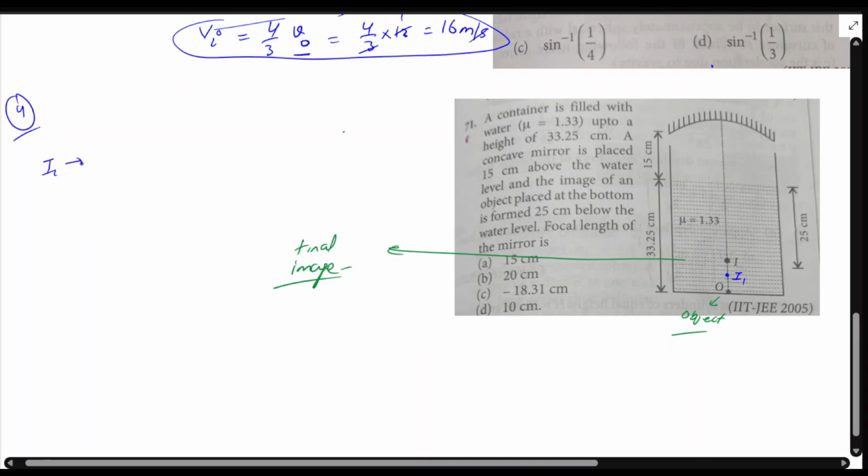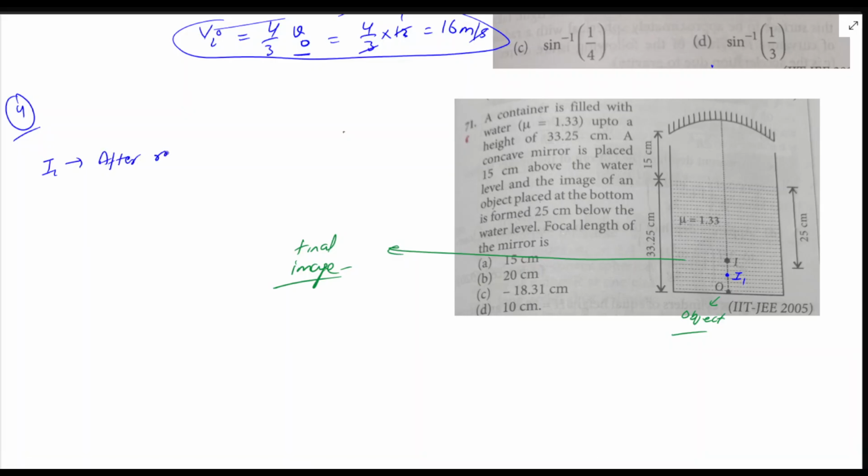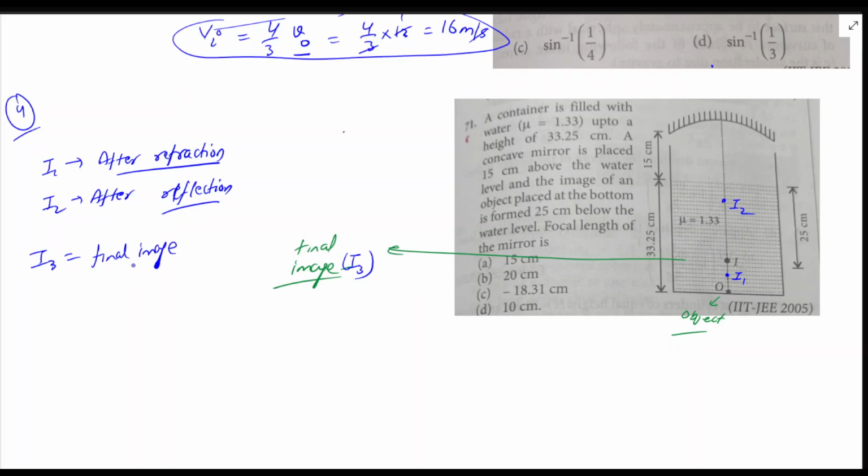Then image two will be here, right? Image two is after reflection from the boundary, and image 3 will be our final image. This I3 is our final image. Perfect. So let's just start using our formulas now.